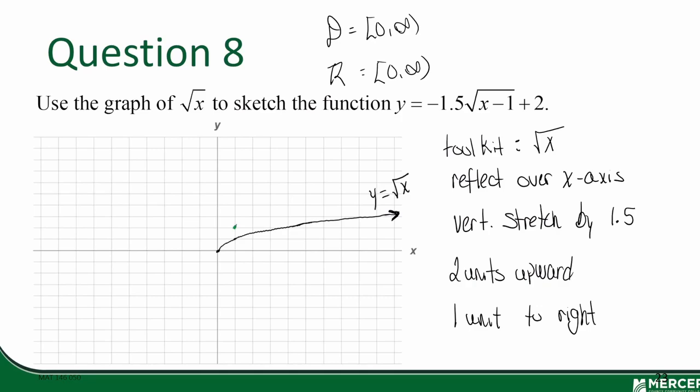That should be our new vertex. 2 units up, 1 to the right. We'll be upside down. Now we have to deal with that stretching. Every output value gets multiplied by 1.5. So 1.